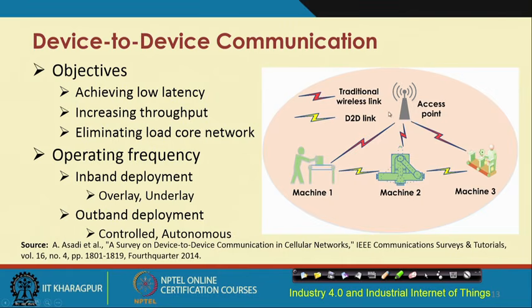Traditionally, machine 1 would send the packets to the access point, and from the access point they would go to machine 2. So, instead of doing a roundabout kind of way, direct machine to machine communication takes place. The overall objective is to reduce latency, increase throughput, and eliminate load on the backbone network, the core network.